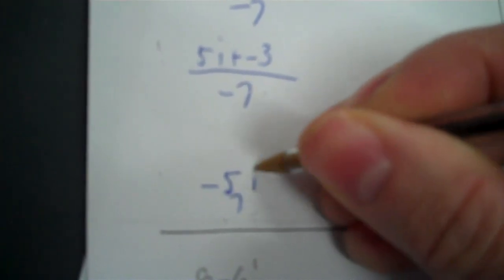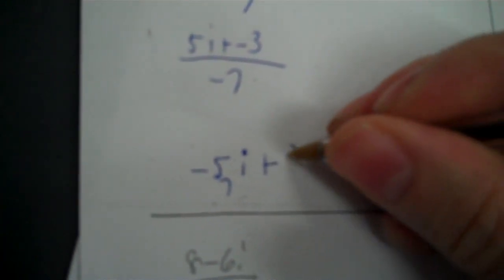I'm fine with decimals, just not something that looks like that. Second PRB, and it would be -5/7 i, because the 5 had the i. Plus, then you divide your -3 by your -7. Second PRB, and that would be 3/7 without i. So there's your answer. We're going to go over 3 more of these.